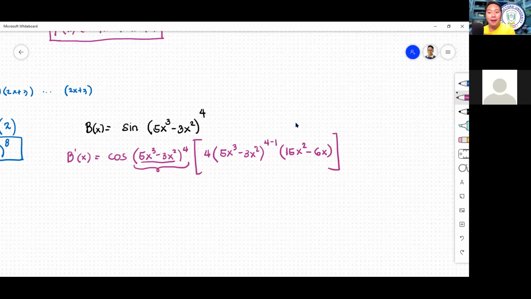Question so far? Maybe they call it chain rule because if you notice, guys, the derivatives are multiplied to each part of the function. And notice the process.